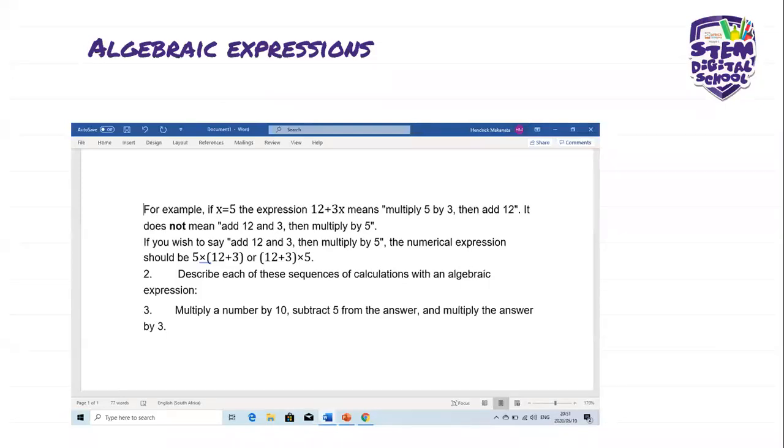So if I multiply a number by 10, that number is x, a variable, and you have 10 times x, which is 10x. Then you subtract 5 from the answer, 10x minus 5. And then you multiply the answer by 3, so you'll have 3 open bracket 10x minus 5.